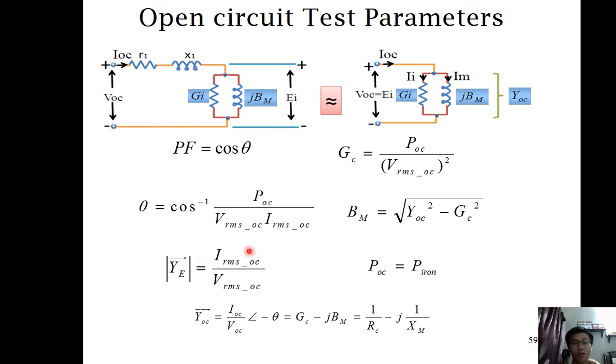I also can find my magnitude, I over V. Then I put into the final equation, Y equals I divided by V with the angle of negative theta, equivalent to this one. So once I have this value, I can get the rectangular form. And then I compare G_C with this one, B_M with this one, and then I can get my R_C and X_M.